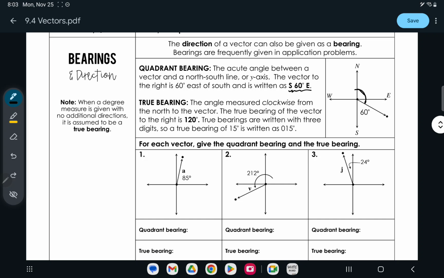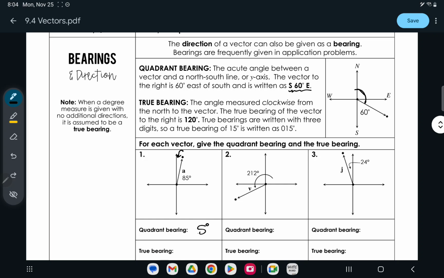All right, for each vector, give the quadrant bearing and the true bearing. The quadrant bearing is going to be this angle right here, so that is 5 degrees.